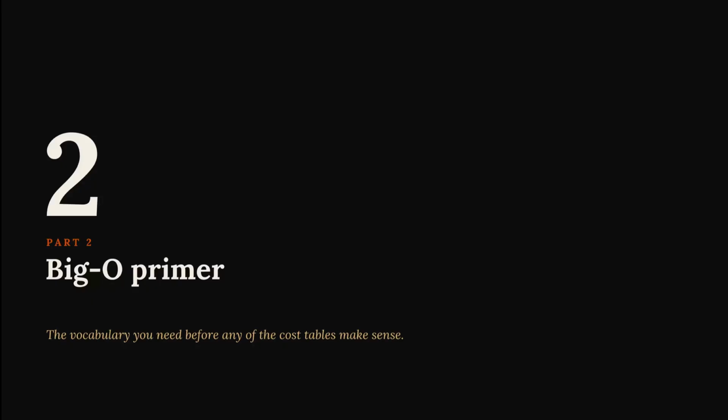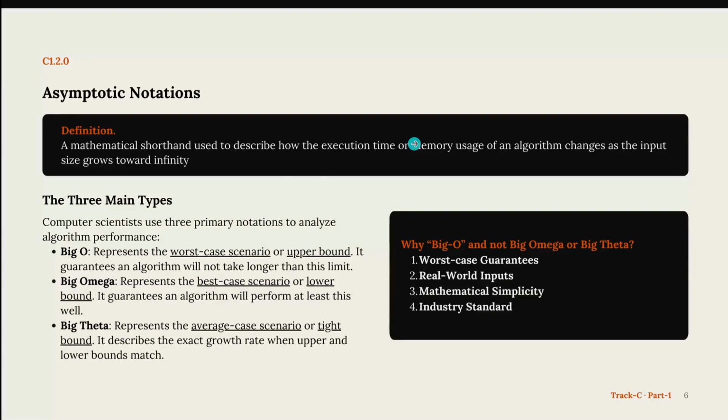Okay. So going forward, there is something called asymptotic notation. Computer scientists, whenever they try to analyze algorithms and their performances, go by something called asymptotic notation. What is an asymptotic notation? A mathematical shorthand that describes how the execution time or the memory usage of an algorithm changes as the input size grows towards infinity.